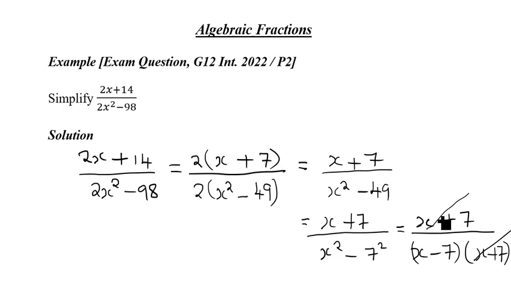You have divided, you have 1, and 1 times this will just be this. So my final answer will just be 1 over x minus 7. So our answer is just 1 over x minus 7.